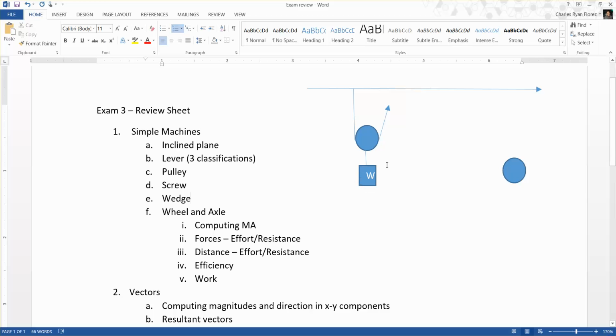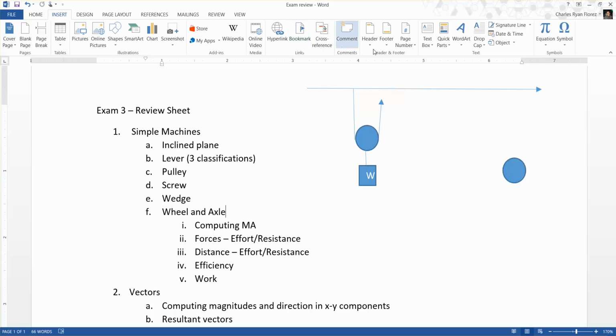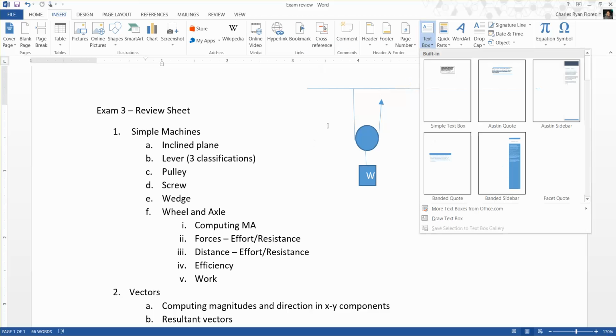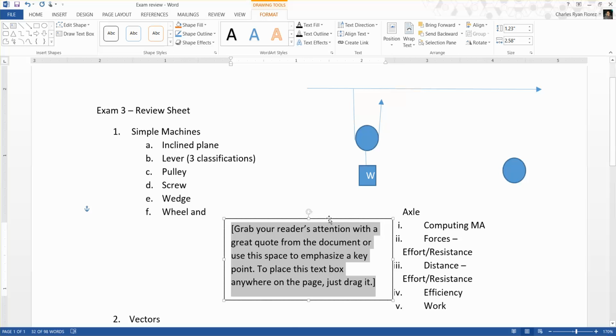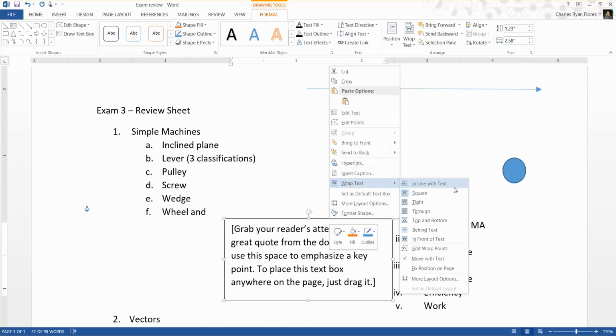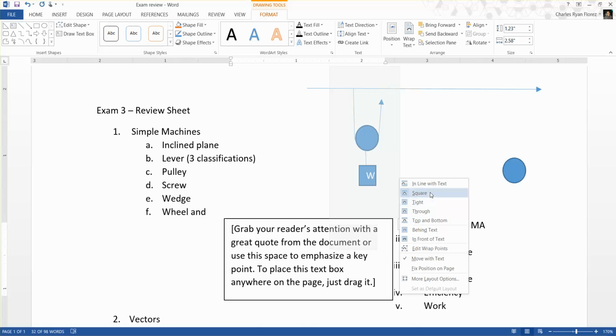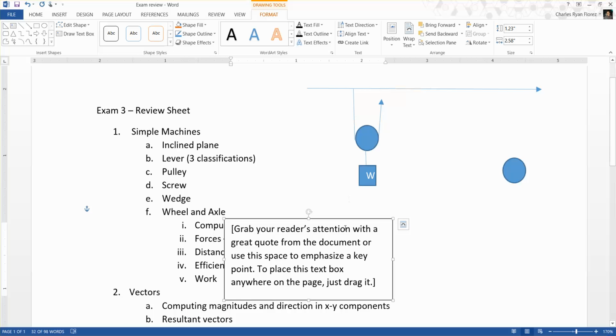So it's distributed evenly, assuming that both of these are vertical.